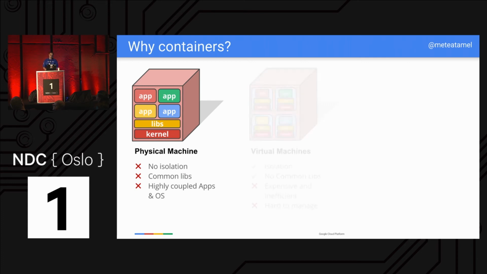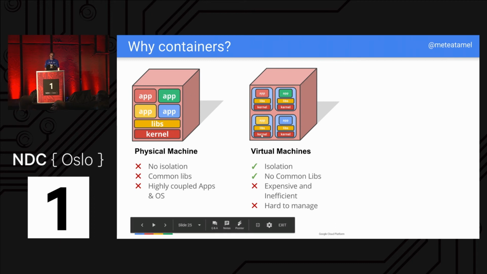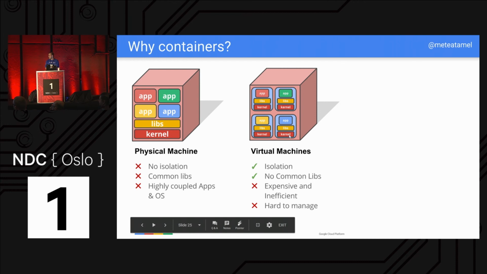applications. Now later we got virtual machines. So the idea with virtual machines is that you have a single physical machine, but you have multiple operating systems virtualized. So you would basically virtualize the operating system, the libraries, and the app in a virtual machine. The good thing here is the complete isolation. So whatever you change here is not going to affect something in here.